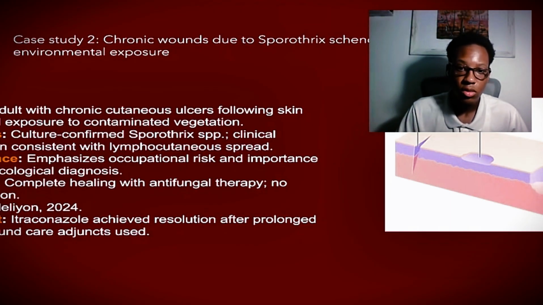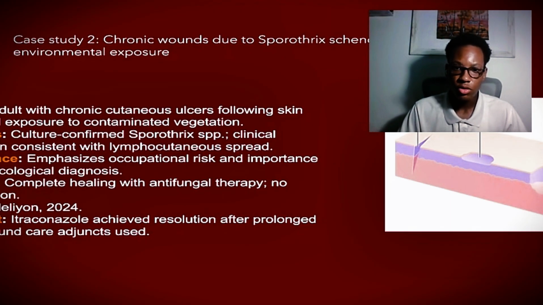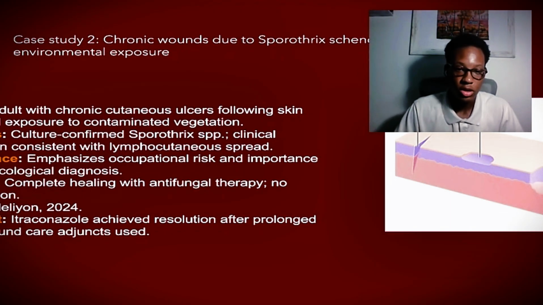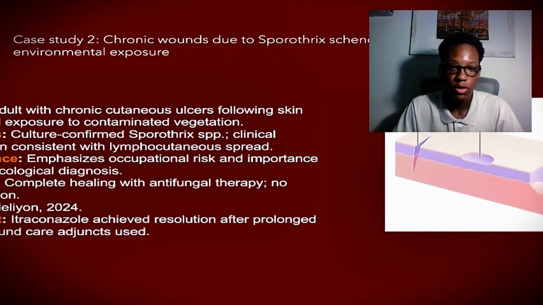Case study 2. Chronic wounds due to Sporothrix schenckii after environmental exposure. Patient: adult with chronic cutaneous skin trauma and exposure to contaminated vegetation. Diagnosis: culture confirmed Sporothrix spp. Clinical presentation consistent with lymphangitic spread.